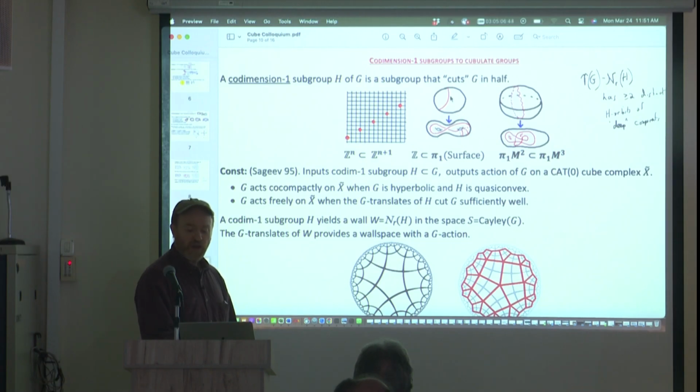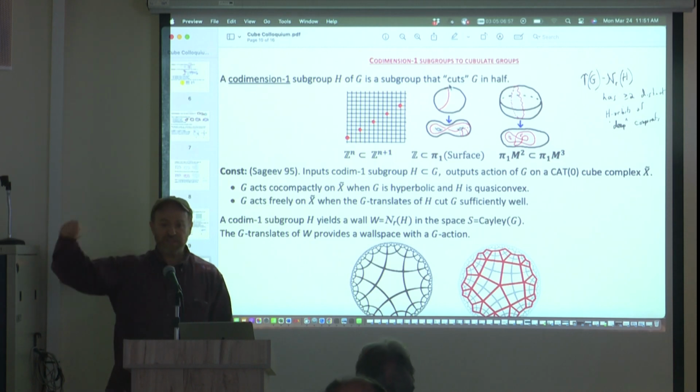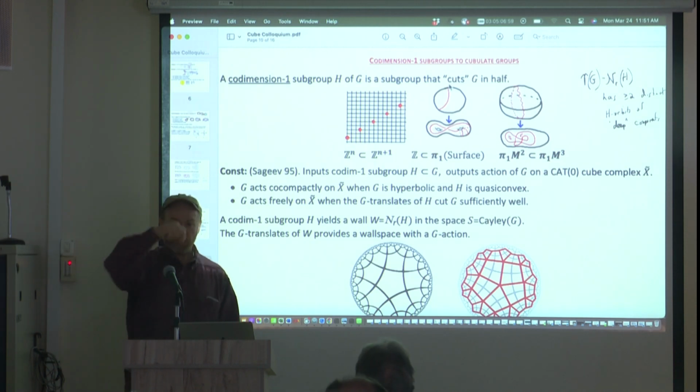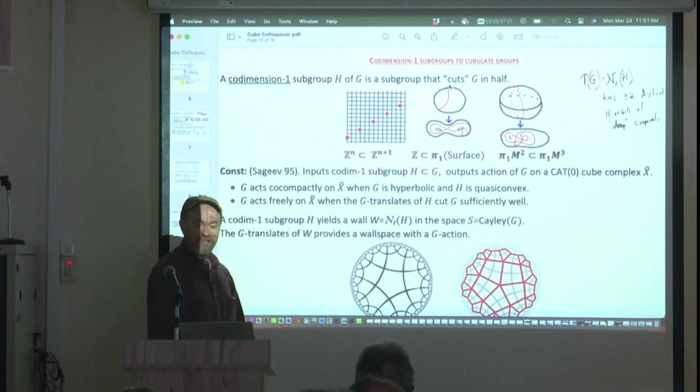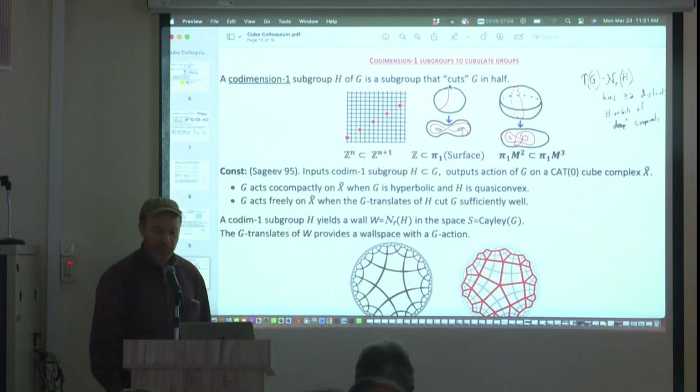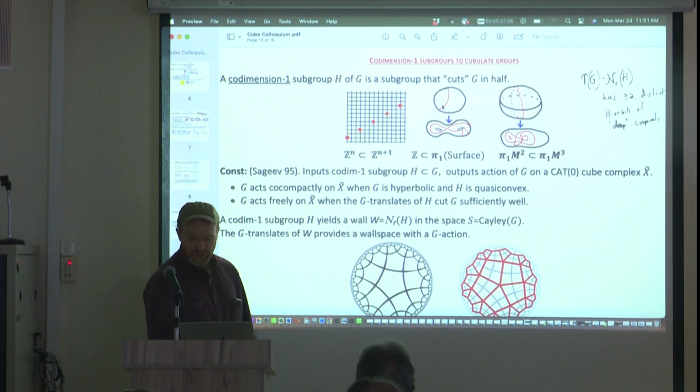The universal cover of this surface is a hyperbolic plane, which roughly looks the same as the Cayley graph. The cyclic subgroup would be some nice periodic line-like thing, more or less like a bunch of points along this line. And if you took a neighborhood of it, it would cut the hyperbolic plane in half. Same kind of idea.